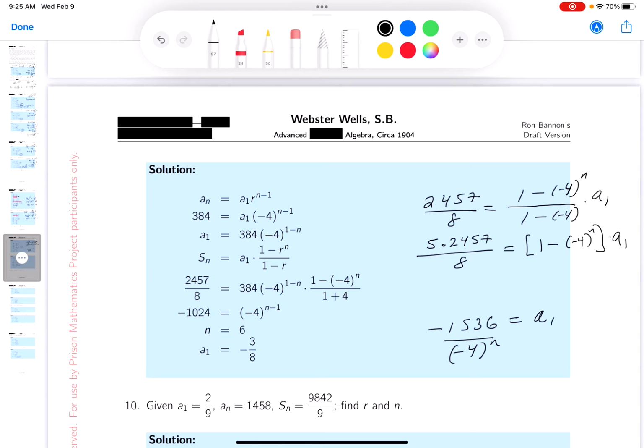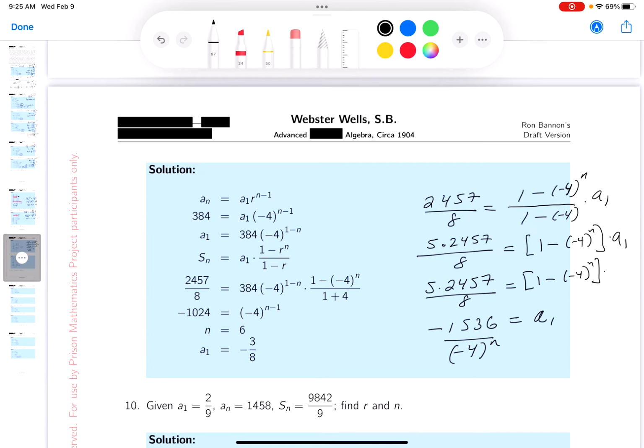All right, let's see if we can do it. And I got to write things down now. And the problem with writing things down is it could be complicated, right? So I'll write this over here. 5 times 2,457/8 equals 1 minus a minus 4 to the n, and then A1.